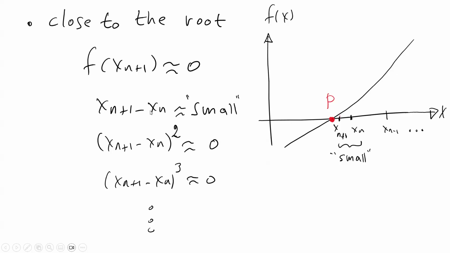Also, the difference between x sub n and x sub n plus 1 is small, and this difference raised to a higher power, for example power 2 or 3, is approximately 0, again if x sub n plus 1 is close to the root.